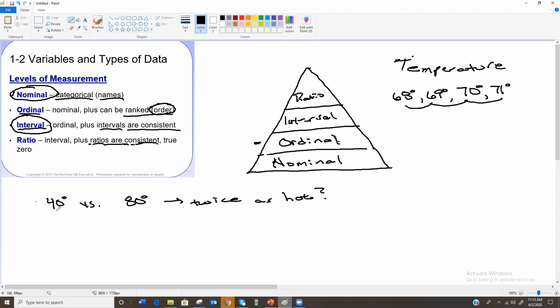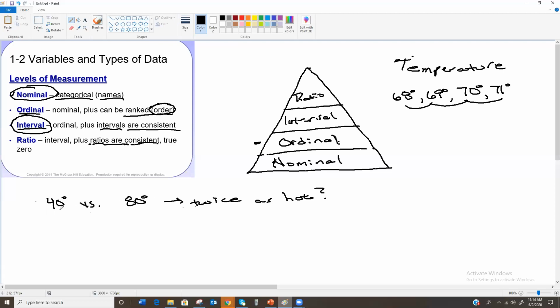Depending on where you live, 40 degrees might be nice. If you lived in, say, the northern part of Finland, 40 degrees might feel pretty good one day, and 80 degrees might feel really hot. Here, at 80 degrees we're like, oh, let's go get the sweatshirt out, because 80 degrees around here isn't considered that hot.